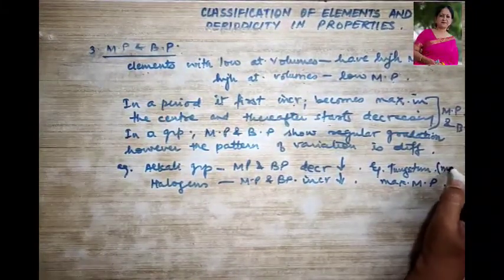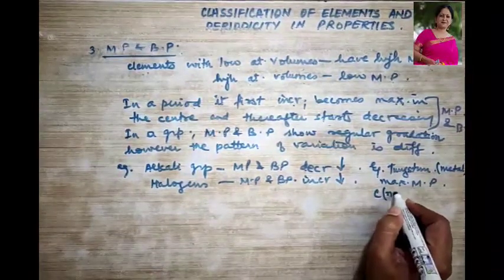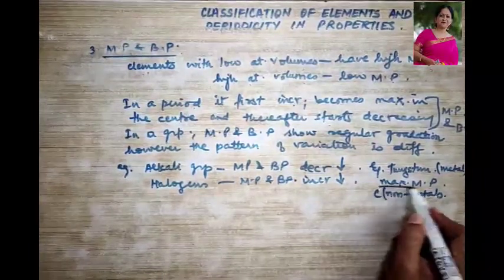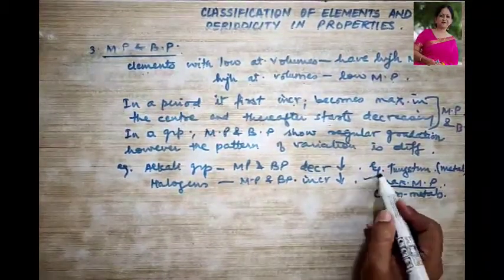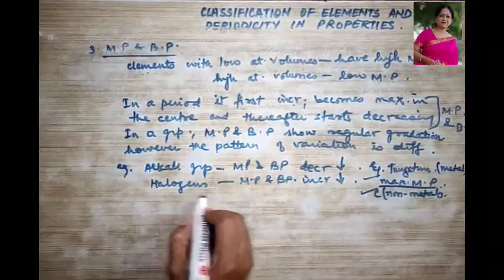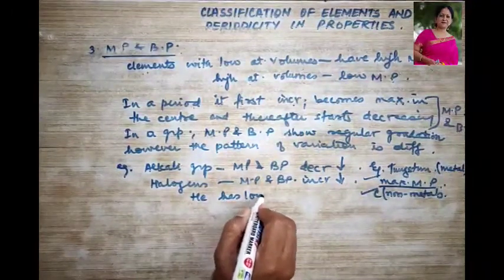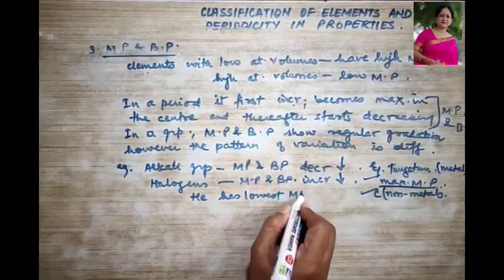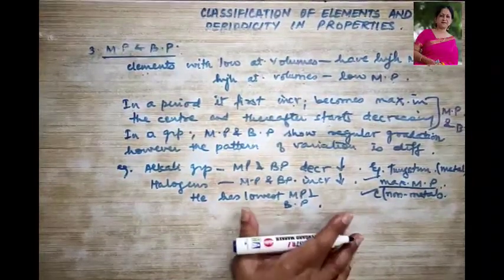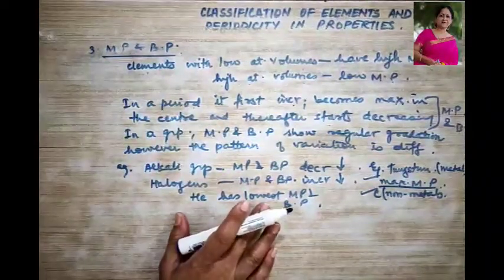This is a metal, okay, and carbon, amongst the non-metals, also has the maximum melting point, both of these, right? Helium has the lowest melting and boiling point. Clear? So this is what we need to study about melting and boiling point.